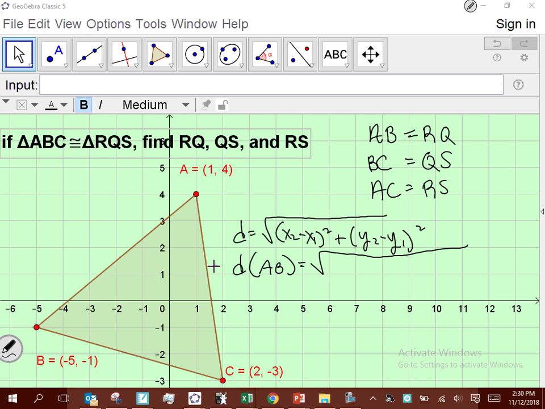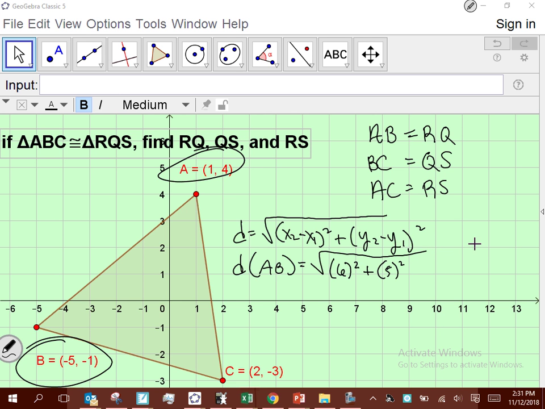I'm going to focus on A and B, those ordered pairs. So subtract my x's. What's 1 minus -5? 6. Now let's square that. Do the same thing with my y's. What's 4 minus -1? 5. And I'll square that.